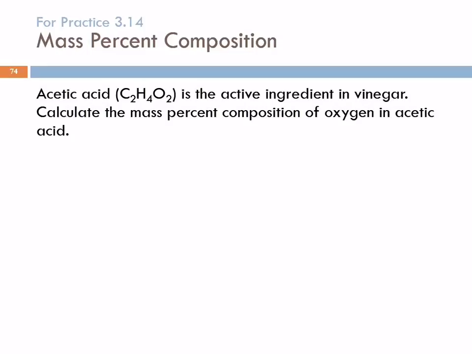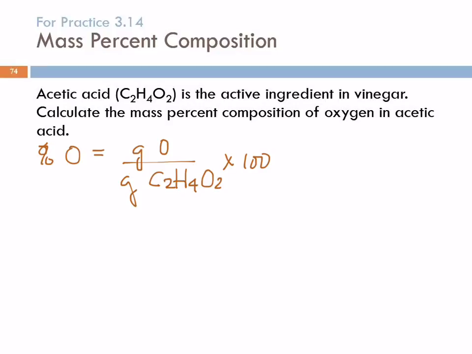Acetic acid is the active ingredient in vinegar, and here we're given the formula. Calculate the mass percent composition of oxygen in acetic acid. So the mass percent oxygen is going to equal the grams of oxygen divided by the grams of the compound times 100.